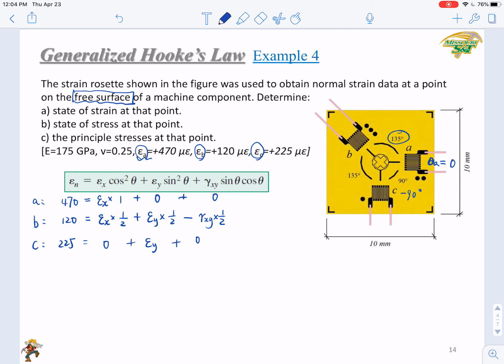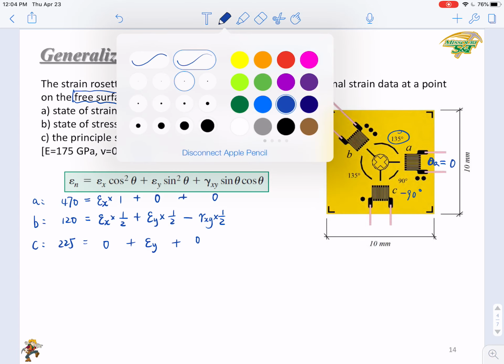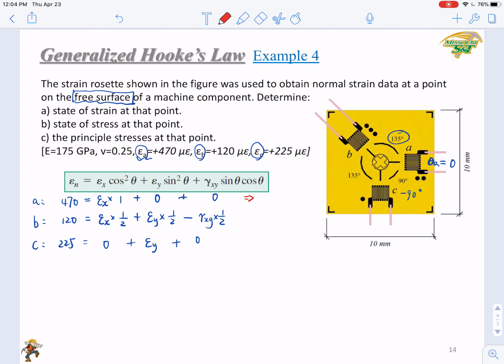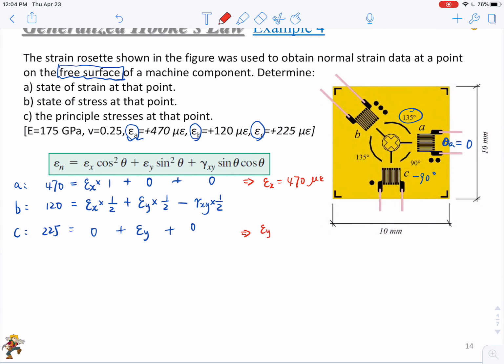So you can see that from the first equation, you can directly get that epsilon x equals 470 microstrain. And from the third equation, you would directly get epsilon y, that is 225.